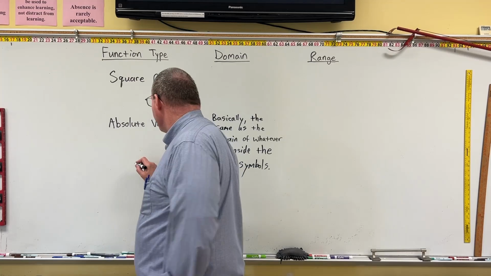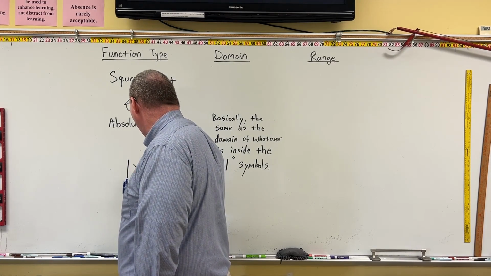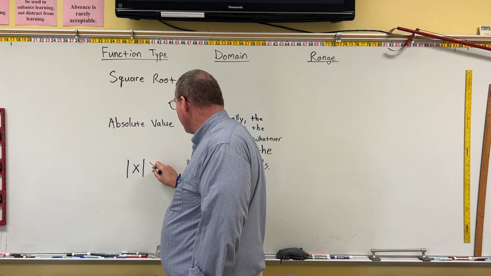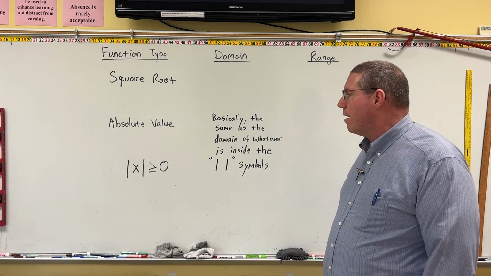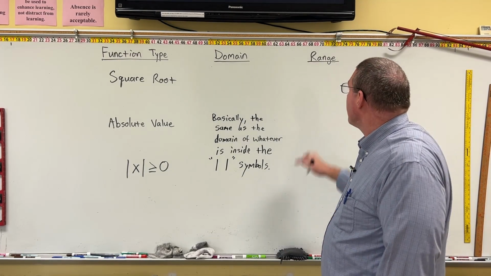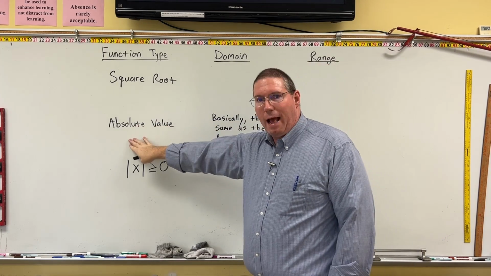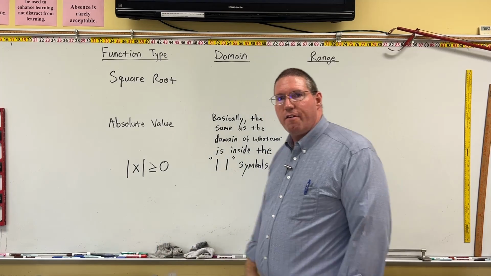So the absolute value of x, whatever x is, has to be greater than or equal to 0. And because it has to be greater than or equal to 0, it can't be a negative number. That means that the range, the set of answers for an absolute value function, cannot include negative values.